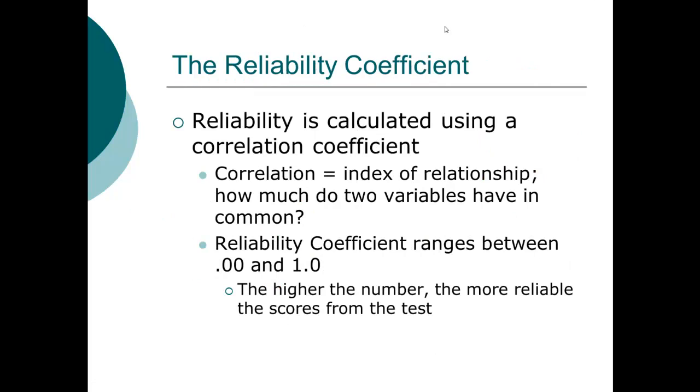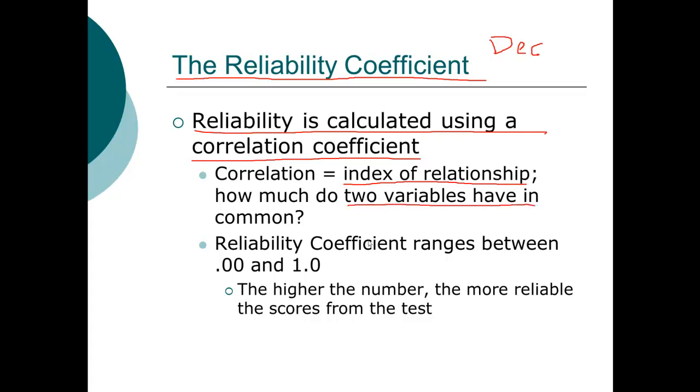Now, what you'll see here is something called a reliability coefficient. That is a decimal. Reliability is calculated using a correlation coefficient. Correlation is an index of relationship. That's what a correlation is. What type of relationship is there? How much do two variables have in common?